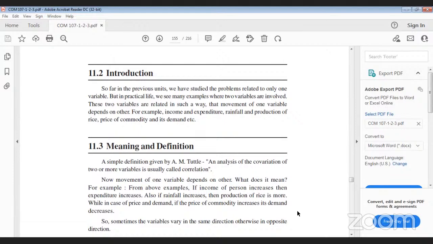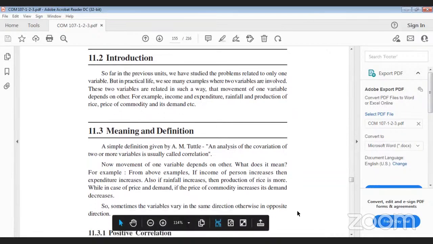While in the case of price and demand, if the price of a commodity increases, its demand decreases because the price is more. So sometimes the variables vary in the same direction, otherwise in opposite directions also.